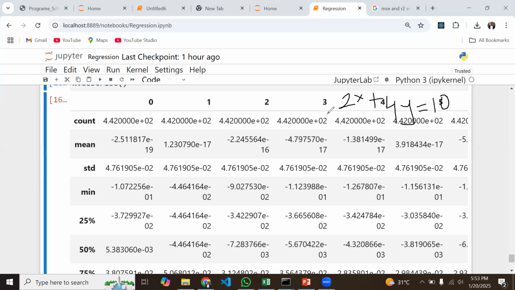We could have scaled everything down by dividing by 2, where we get x plus 2y is equal to 5. Or we could have scaled up by multiplying by 3, where we get, for instance, 6x plus 12y is equal to 30. Now, the point is, because we are scaling down and up by the same factor, the variations or the standard deviations are not going to change.